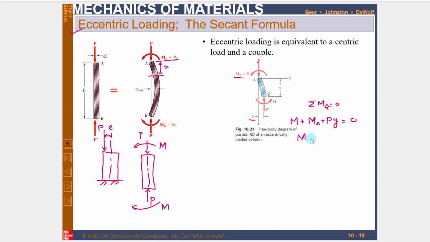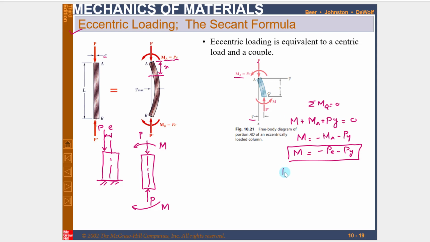It means that M is equal to minus M_A minus P into Y. As M_A is equal to P into E, it will be minus P into E minus P into Y. So this is the reaction moment at point Q.